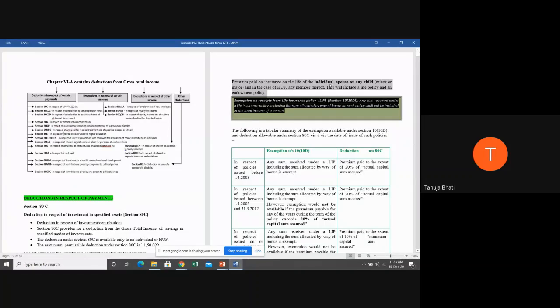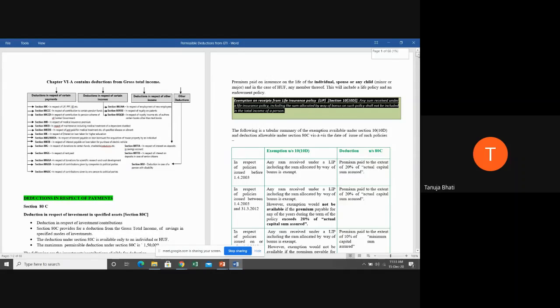Suppose the individual is taking a life insurance policy on the spouse, then also you will get a deduction, or any child, minor or major. If the individual is taking the life insurance policy on his children, irrespective of whether minor or major, or in case of HUF, any member of HUF, then you will get a deduction under section 80C.